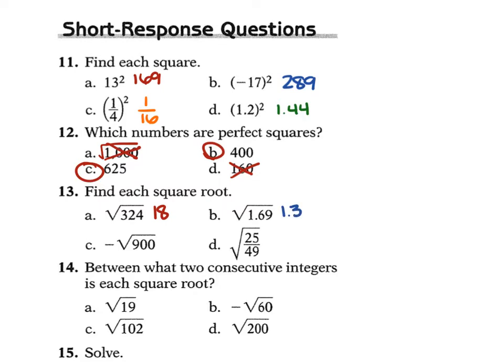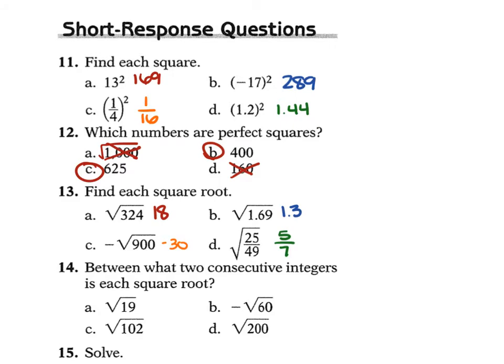For C, we have a negative square root of 900. The square root of 900, it's 30. Because that negative is out front, it's just going to be a negative 30. And then for D, you have the square root of 25 over 49. So you're going to take the square root of 25, which is 5. Keep it over the square root of 49, which is 7. So 5 over 7 for this one.